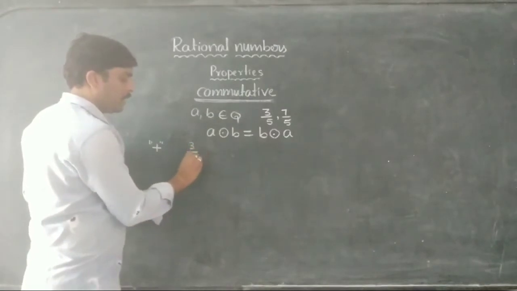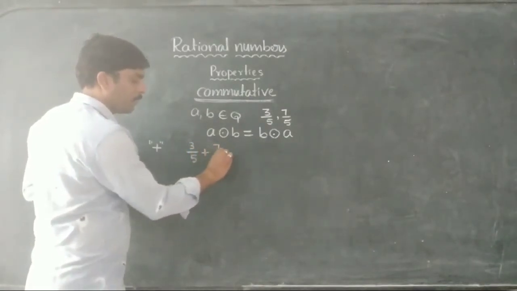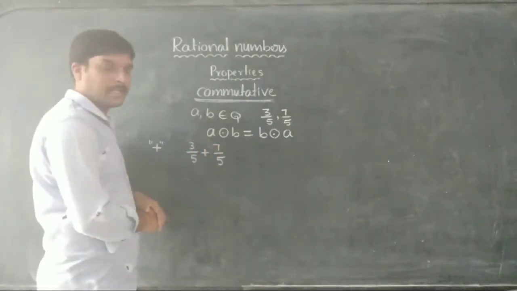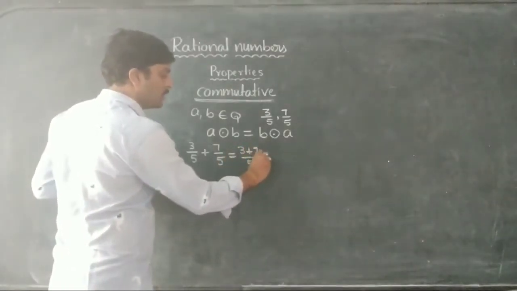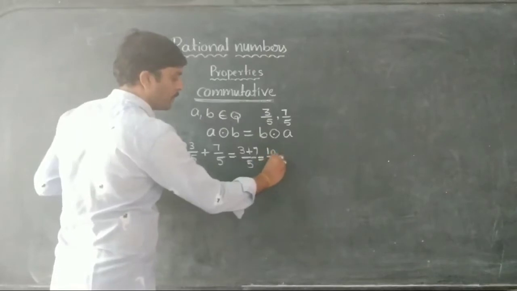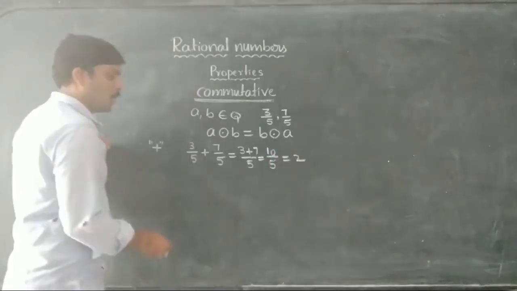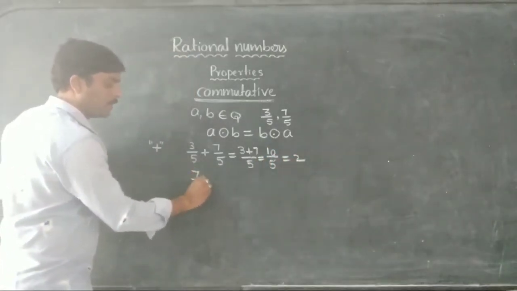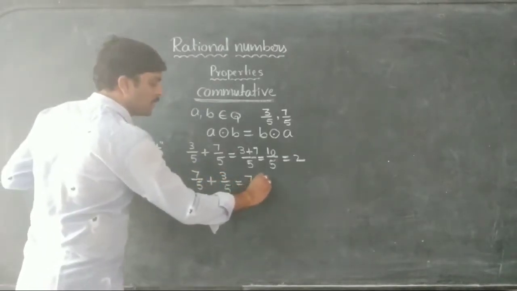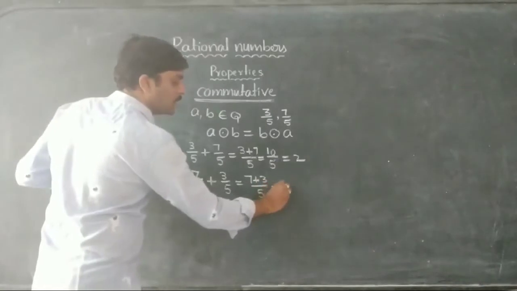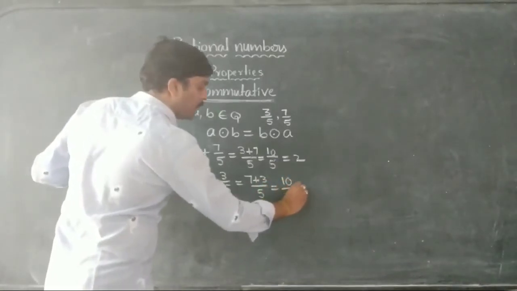Now 3 by 5 plus 7 by 5, that value is 3 plus 7 by 5, which is 10 by 5, equal to 2. Now 7 by 5 plus 3 by 5, that is 7 plus 3 by 5, 7 plus 3 is 10, 10 by 5 is 2.